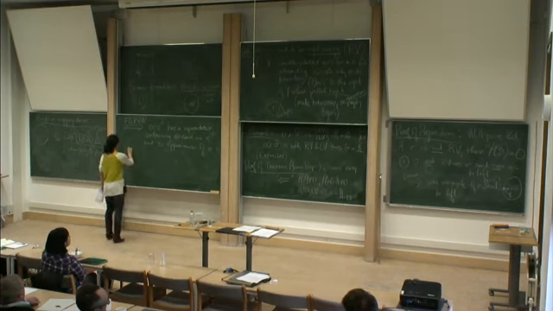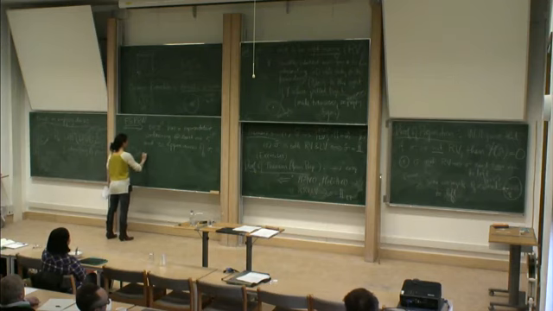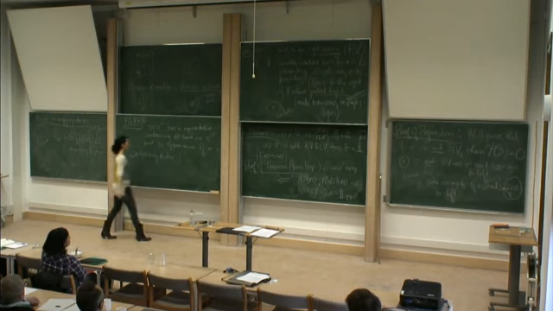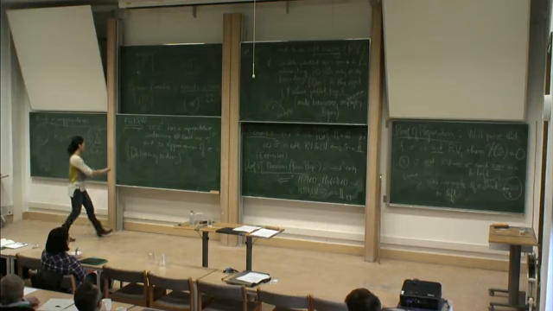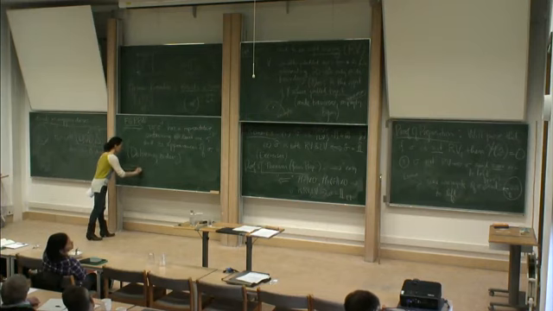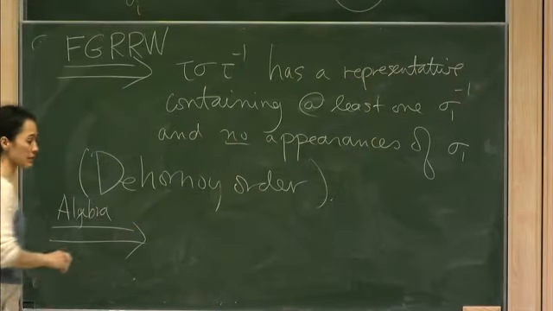This is where this Dehornoy order comes up, which I definitely won't have any time to say what it is. But the point is that now it's just algebra, which I'll walk you through in the exercises.